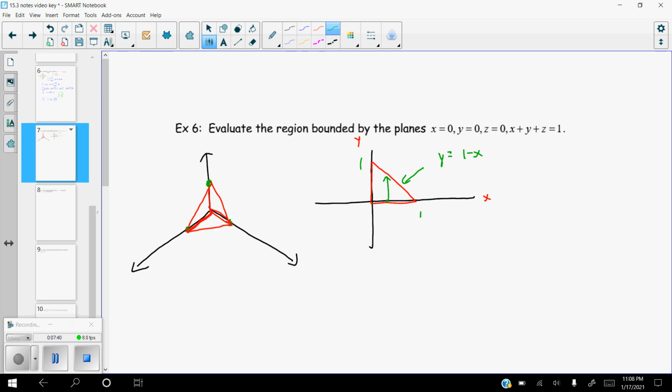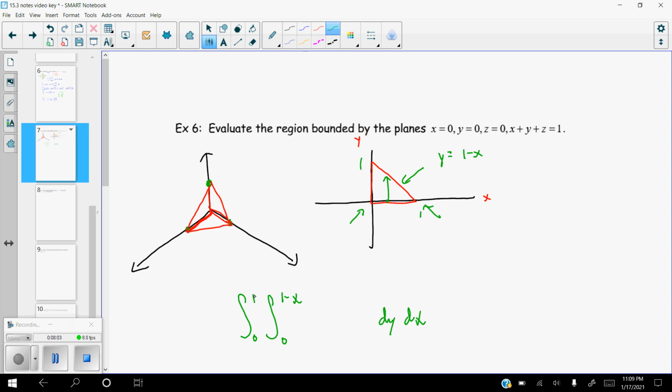It's going down 1, right 1. So that's that equation right there. So y is going to go from 0 to 1 minus x. Y will vary from 0 to 1 minus x, and that's going to be our dy. X has to go from a constant to a constant. Well, that's pretty obviously going to go from 0 out to 1.